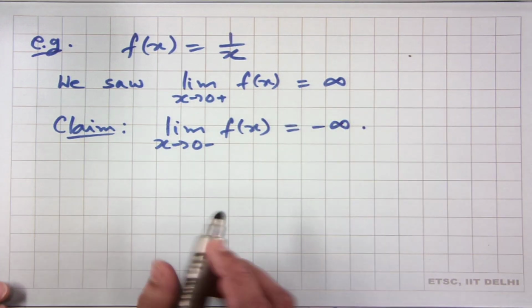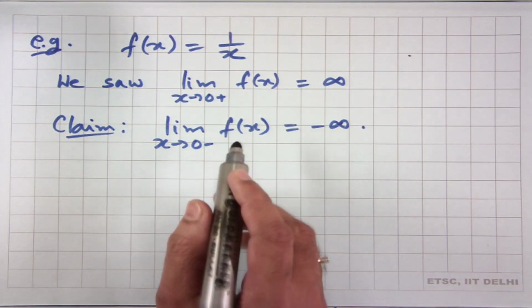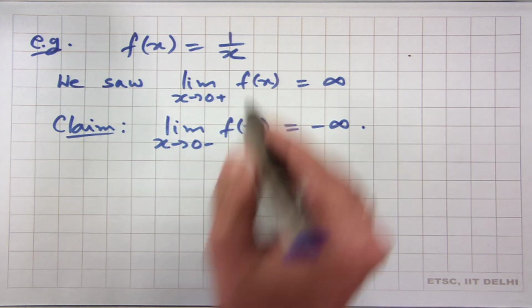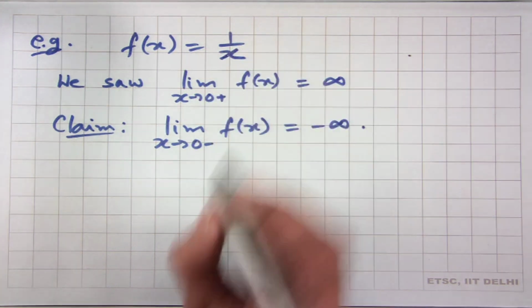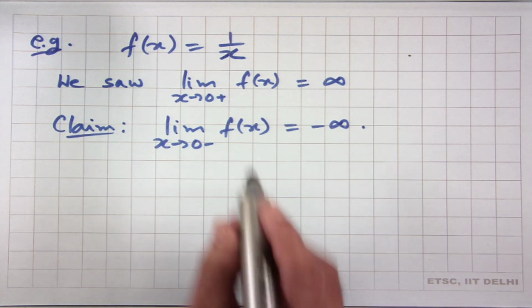This should again be clear, because if x is a negative real number, then 1 by x is also negative, and if you take x to be a negative real number which is very close to 0, then 1 by x will be a large negative number, right.